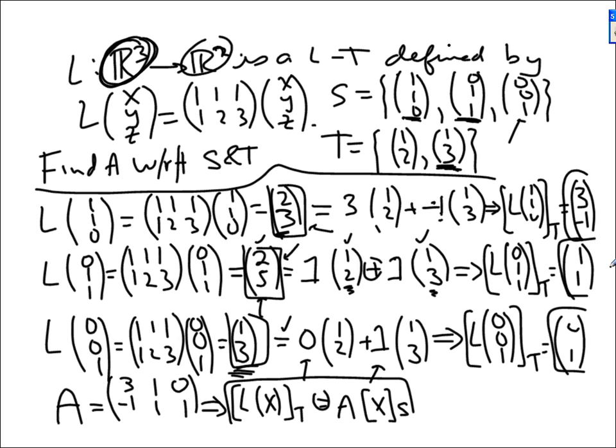You want to make sure it's right. Using an example, you take L of x and you write the coordinates of L of x with respect to T. And then you take x and you find the coordinates of x with respect to S. Then if you multiply that coordinate vector by A, you say, oh, the left and right hand side were in fact equal.